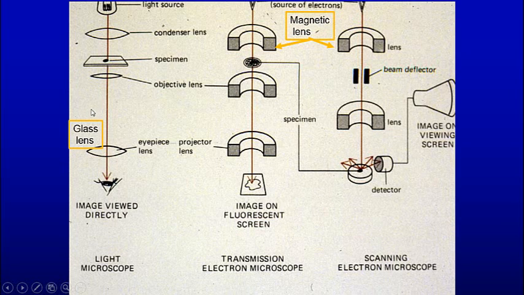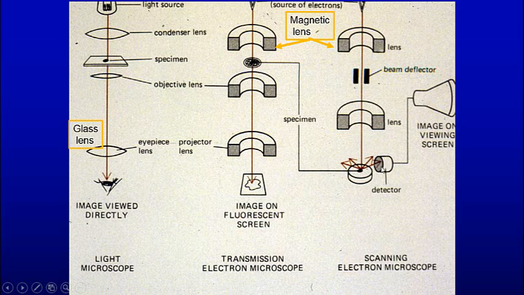So if we look at light microscopy, the light source is white light, and it has glass lenses, and you view it with the eye. In contrast, if you use electron microscopy, you have magnetic lenses and electrons, and you view it on a fluorescent screen. With scanning electron microscopy, you have an electron source, but it's the secondary electrons and not the first one.